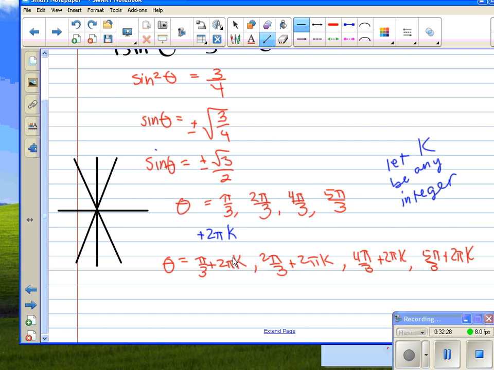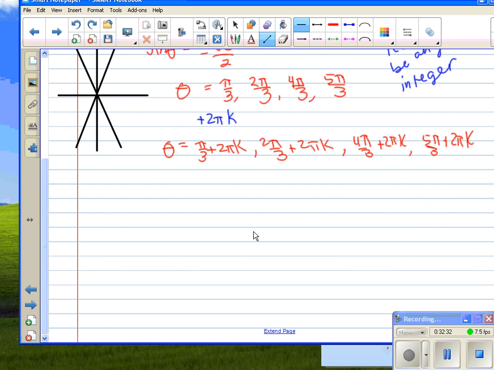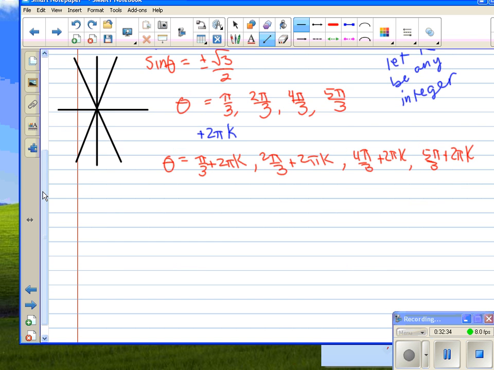Instead of having 4 separate values of theta, you can combine some of these together. Can you see how these two, pi over 3 and 4 pi over 3, are opposite of each other? So what's the distance between pi over 3 and 4 pi over 3? Pi. It's halfway across the circle, right? And halfway through the circle is pi.